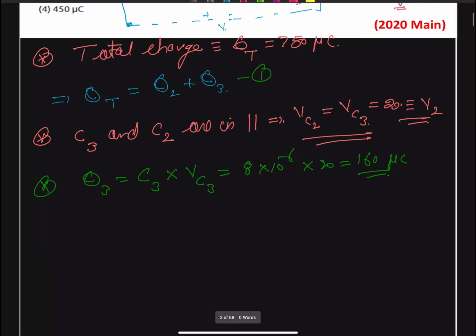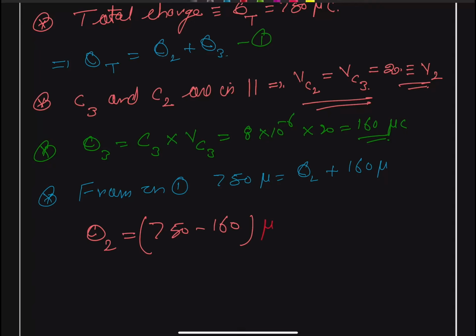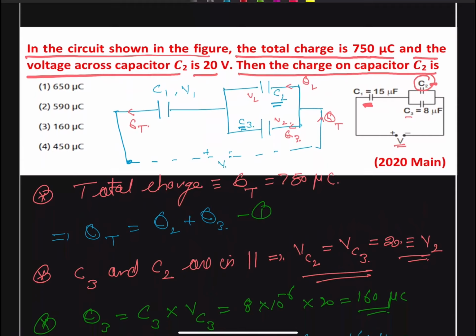Therefore Q2 will be equal to 750 minus 160 microcoulomb, and this comes as 590 microcoulomb. So we were supposed to find the charge across C2, and option 2 is correct.